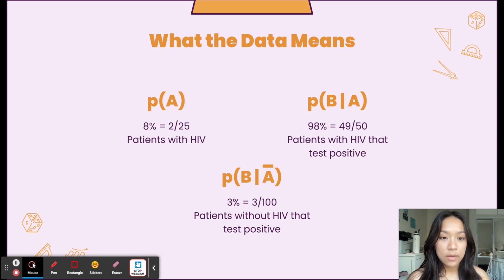So that is B given A. That just means that given that they have HIV, or given A, they test positive, or B. So patients without HIV that test positive, or B given A complement, that is 3%.